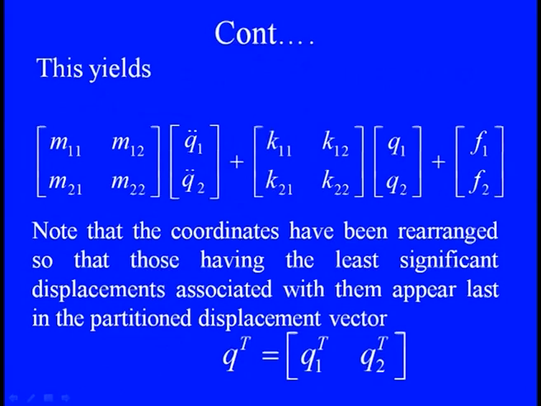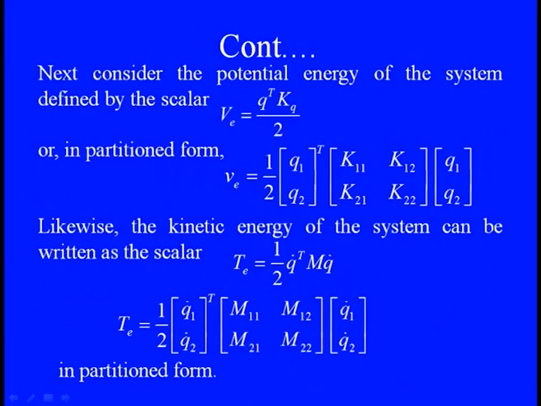So it is Q transpose KQ divided by 2, or in matrix form, half of Q1, Q2 transpose times the stiffness matrix K11, K12, K21 and K22 with the corresponding displacements Q1 and Q2.